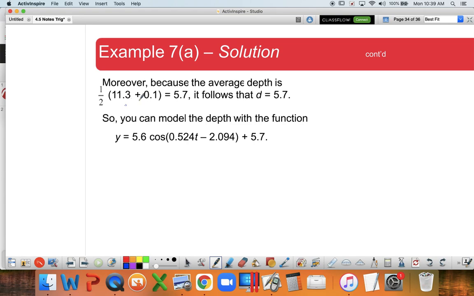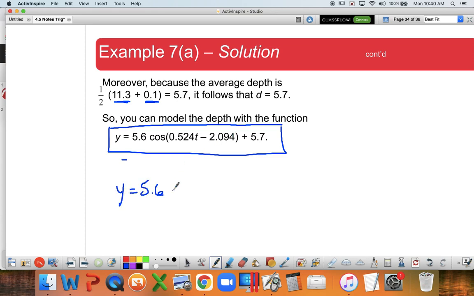Because we're just going to look at in between. 11.3 was our max, 0.1 was our minimum, 5.7 was our shift there. So we can model it by just tacking on a 5.7 at the end. So we get y equals 5.6 cosine pi over 6 x minus 2.096 plus 5.7.